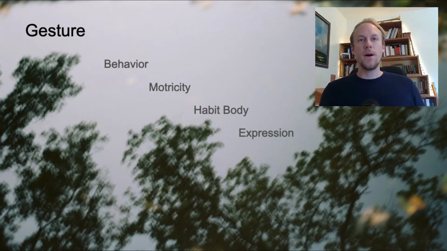So the habit body is a way in which Merleau-Ponty takes these ideas of gesture, behavior, motricity, and links them up to the lived body, the body that we actually inhabit the world and gear into the world with.